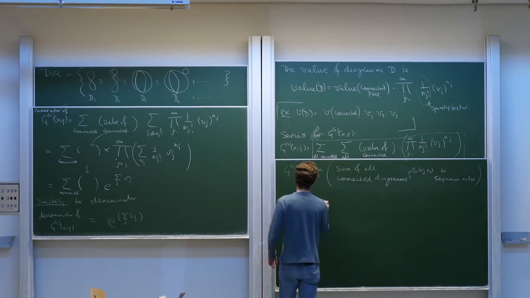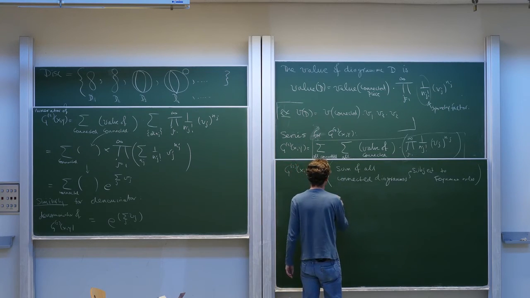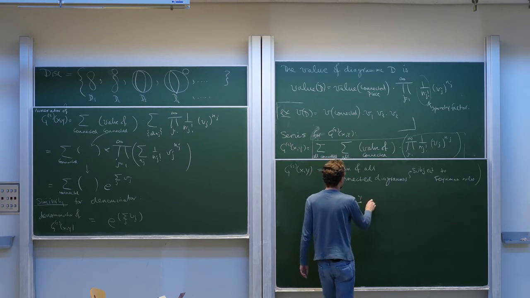And that's a much easier task. We don't have to worry about these vacuum bubbles anymore. And I can just write out the first couple of diagrams of this kind.